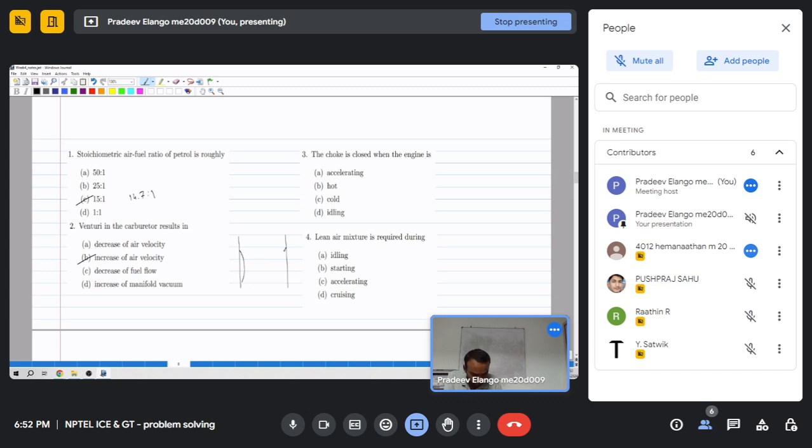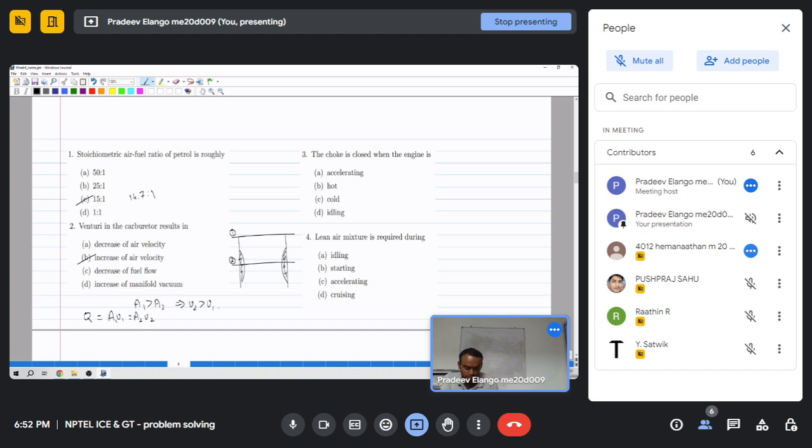If you have a venturi like this, at this point and this point, consider this as 1 and this as 2. Area at 1 is greater than area at 2. That means for continuity, velocity v2 should be greater than v1, because Q is constant, that is A1 v1 equals A2 v2.